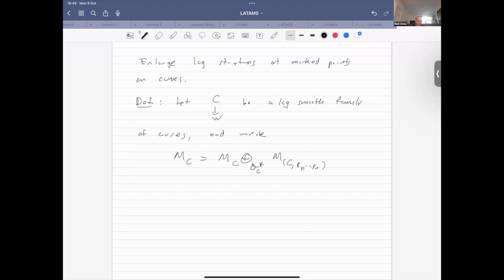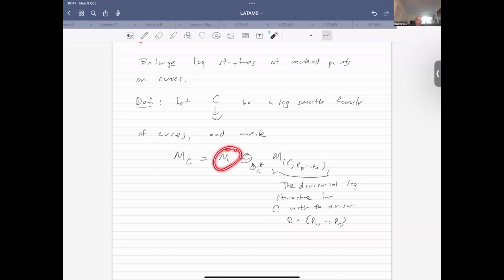So this means this is the divisorial log structure for C with the divisor D being P1 through Pn. And sorry, I should remove the C here. And so M_C is the log structure without any marked points.